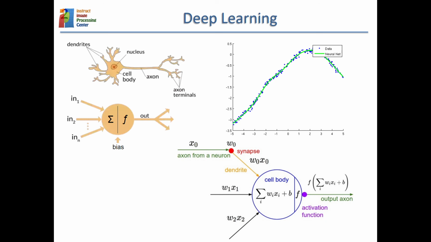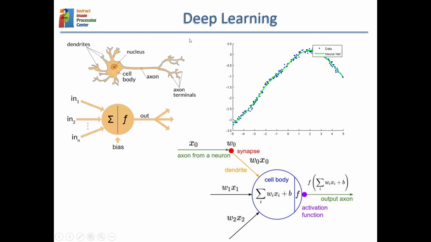Neural networks were originally designed to try to mimic the behavior of a biological neuron. A biological neuron receives information through the dendrites, then it is processed in the nucleus, and somehow it is output through the axon to the next neuron.